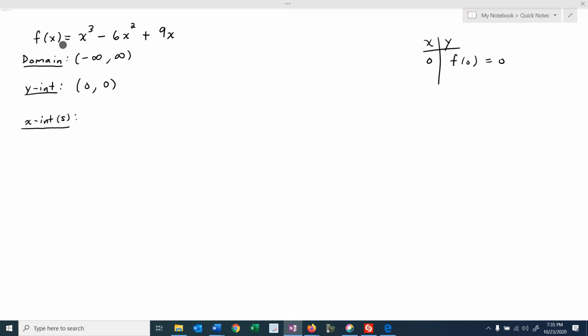Okay, but to find the x-intercepts, you just let the y value be 0, or in this case, f(x). So I'm just going to set the function equal to 0. Of course, you can factor an x out of this, and that's going to leave you with x squared minus 6x plus 9. And then this is going to factor into (x minus 3) times (x minus 3).